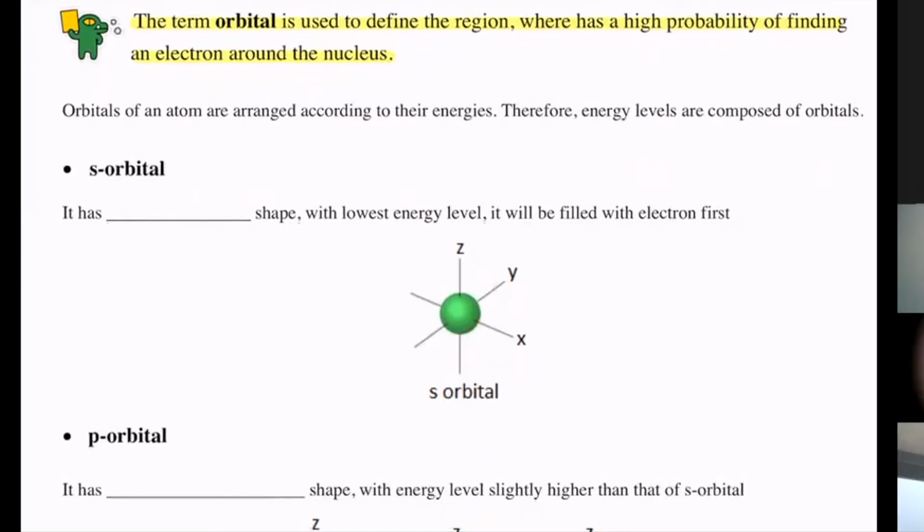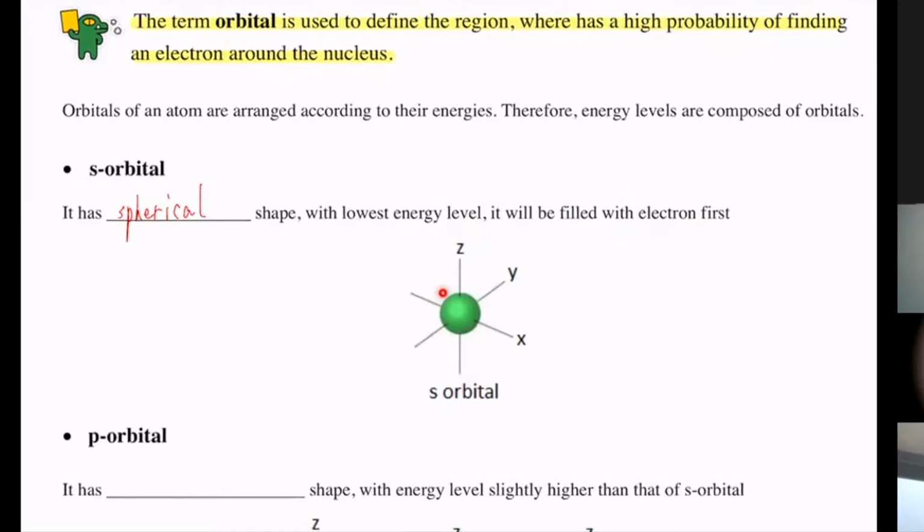Okay, so first is the s orbital. The s orbital has a spherical shape. These s orbitals have the lowest energy level, so they will be filled with electrons first.